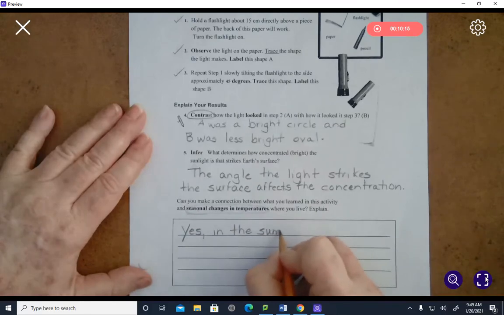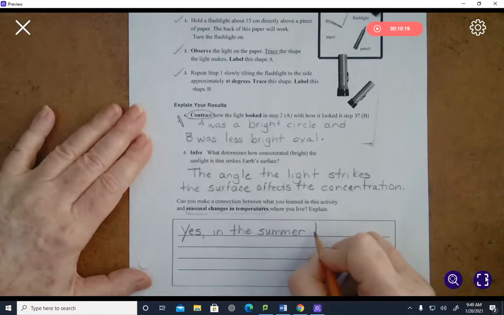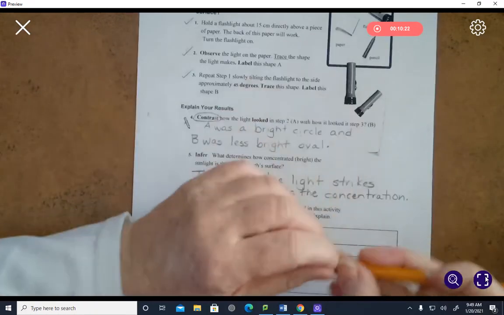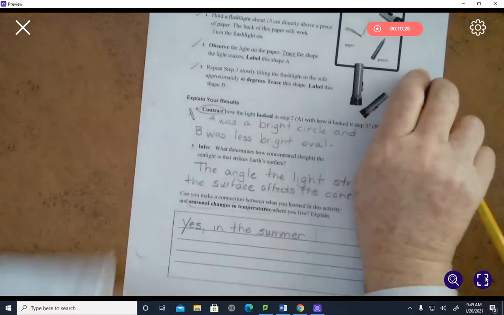Summer, not the light, let's do the, this is going to smear. Let's call what it is instead of just the light.